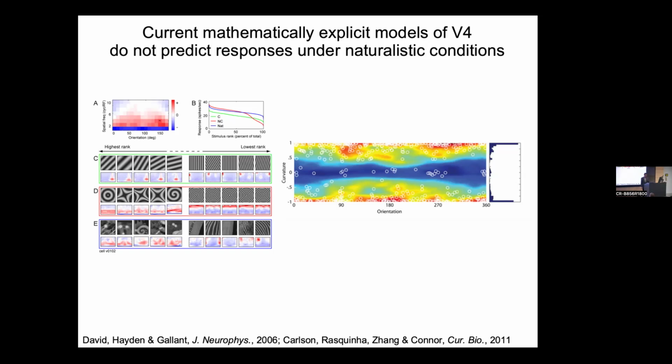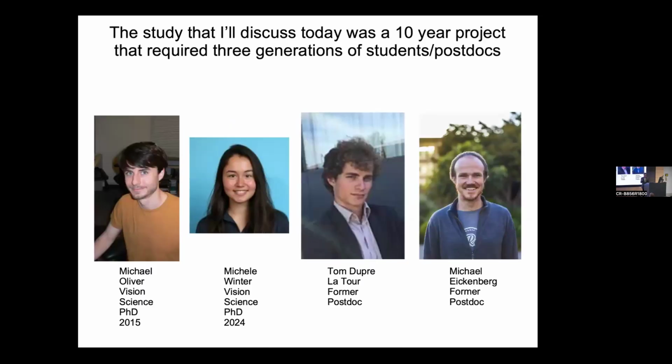So we identified 2 potential problems with the previous data that had been collected. One was that people had used very, very simple stimuli to try to characterize V4. V4 neurons are pretty complicated. And if you use a limited stimulus set, then you can only build a model within that domain of stimuli.